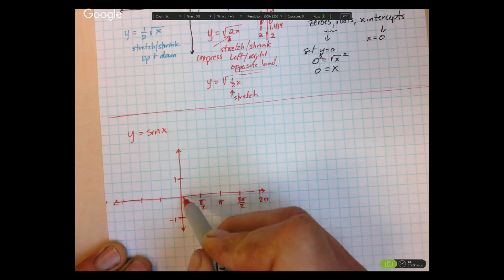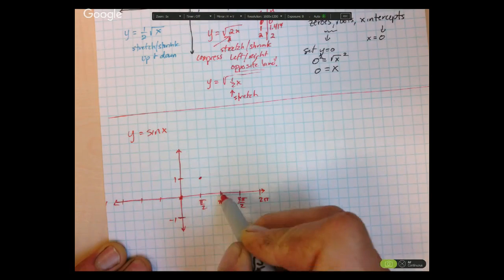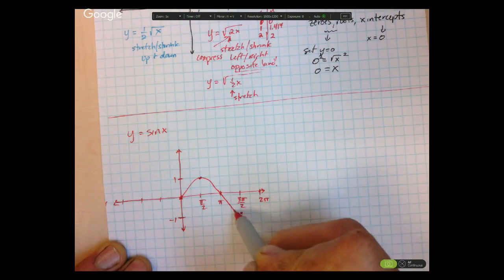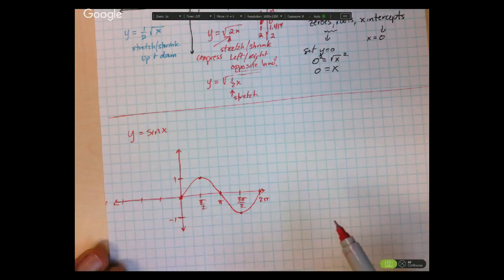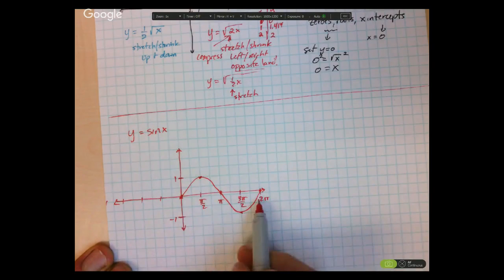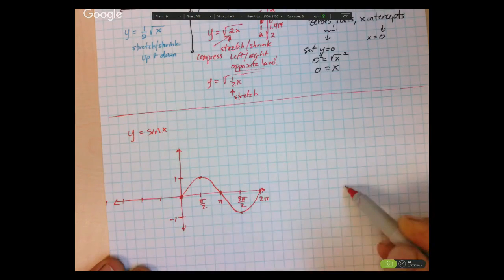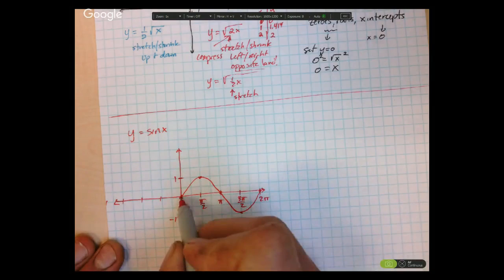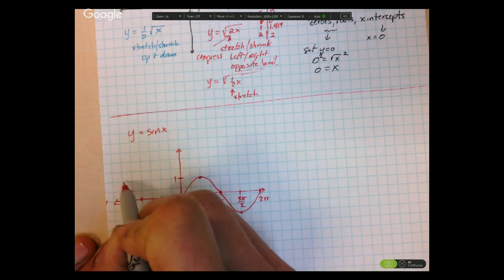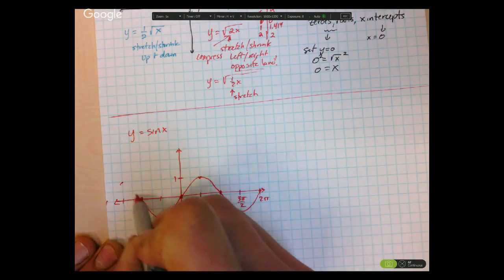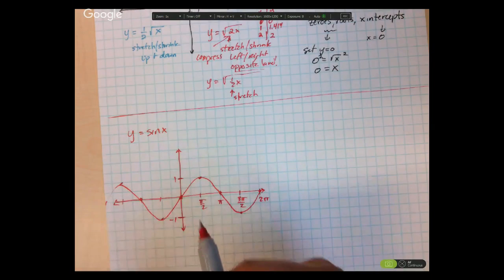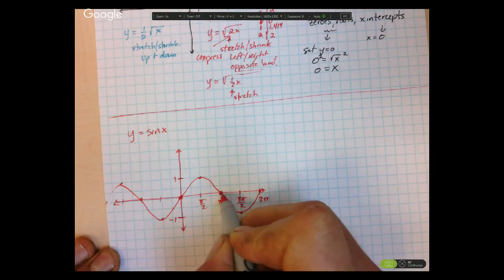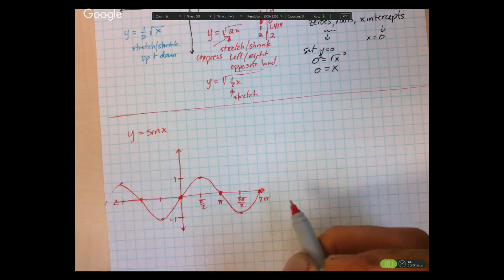Sine starts at 0 and, if you remember from our music project, goes to 2 pi. That is one period of the function. You can keep going. It repeats at 4 pi, 6 pi, etc. Notice the zeros, or the x-intercepts: pi, 2 pi.